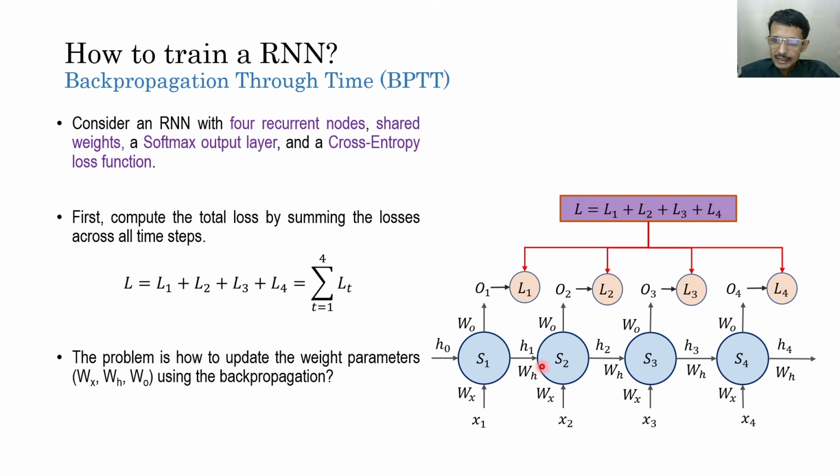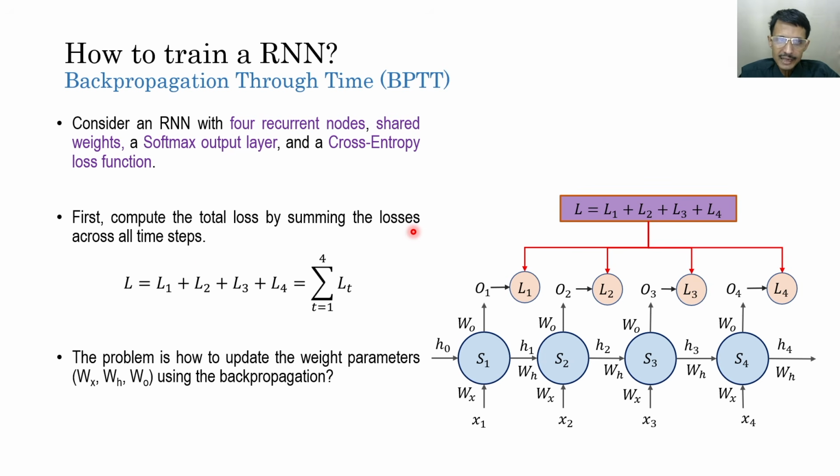We find this from the chain rule: what is the error gradient with respect to L4 and the others, and then we try to understand what the update for Wh will be. So we use a weight update.